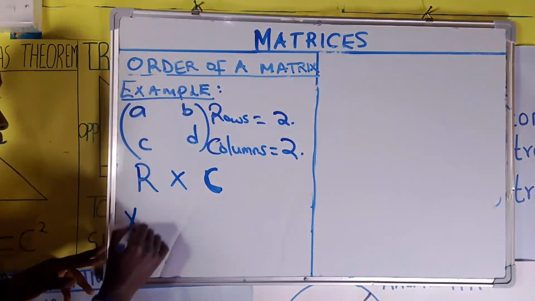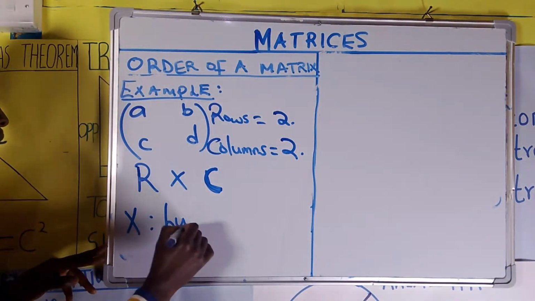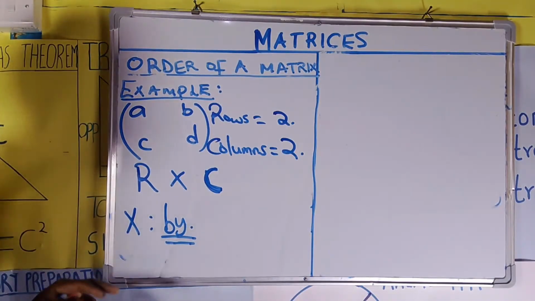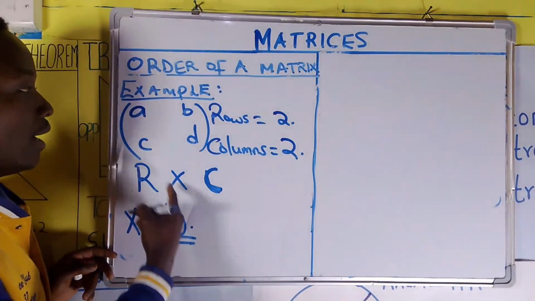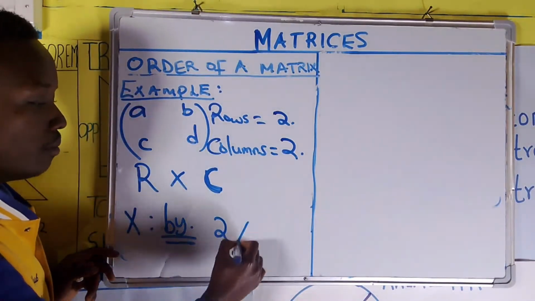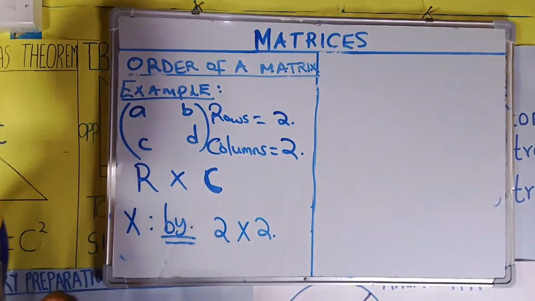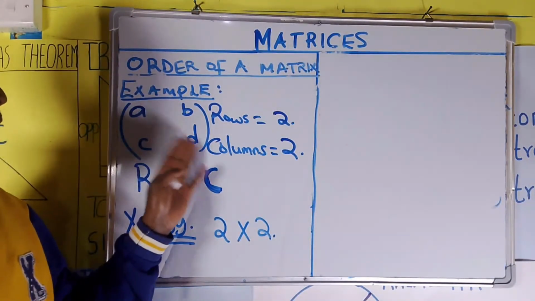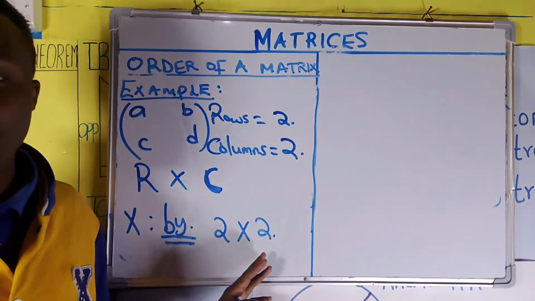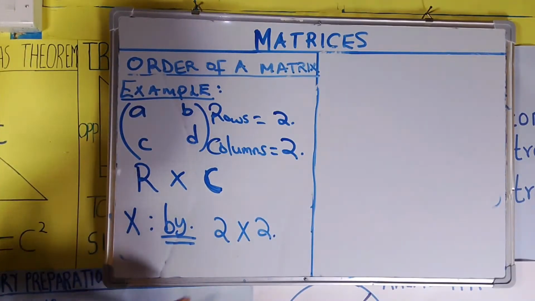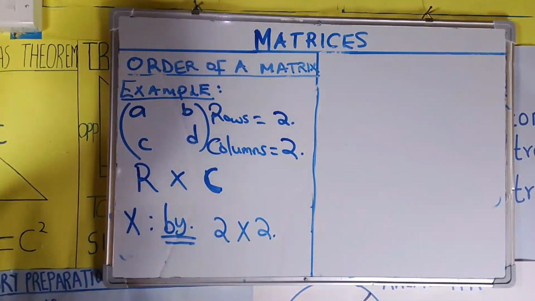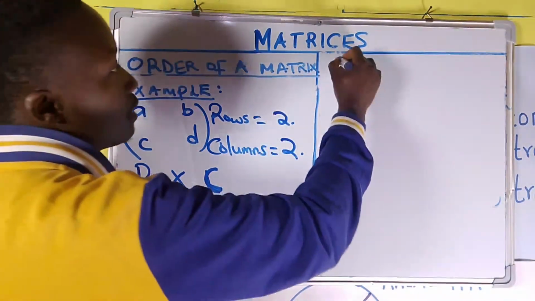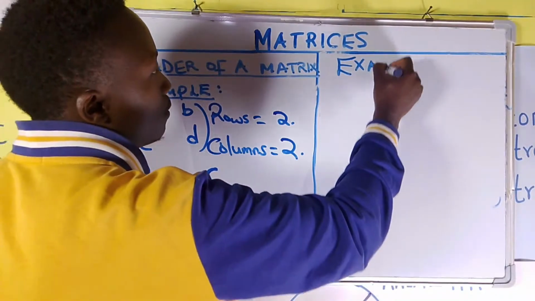This X here means by. Therefore, the order of this matrix will be 2 by 2. So we can simply say that the ABCD matrix is a 2 by 2 matrix. Let's proceed to example 2.